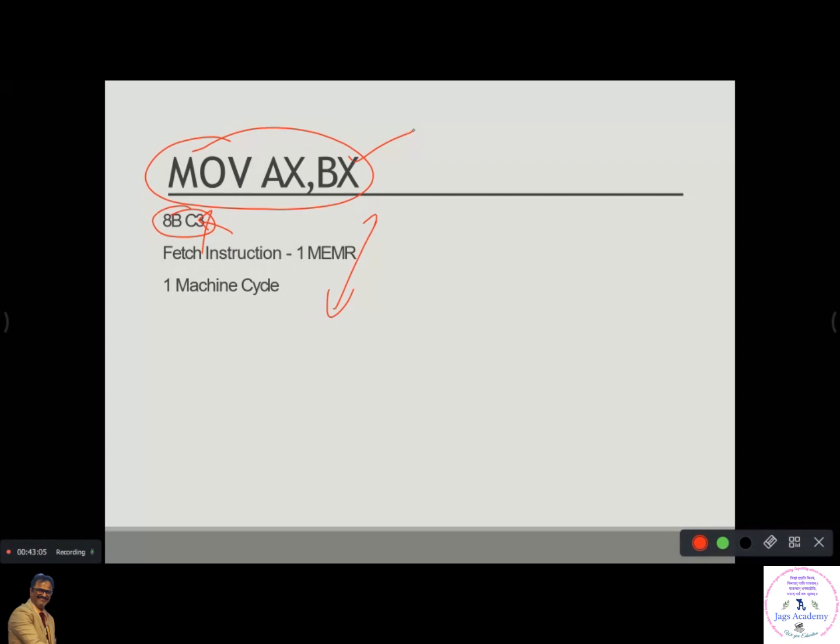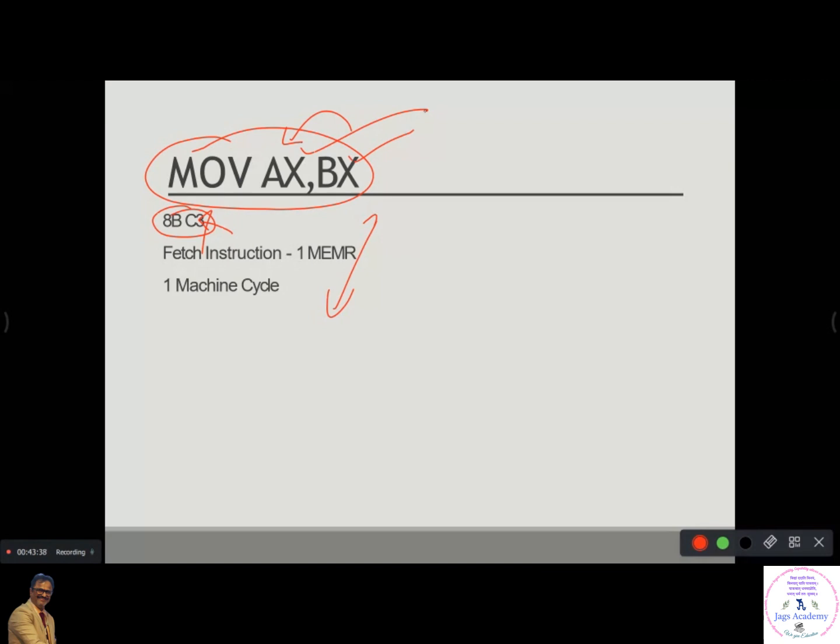Once the instruction is fetched from the memory and the microprocessor decodes it, it does everything in one machine cycle, and in that machine cycle it transfers the content of the BX register to the AX register. But it doesn't require any extra machine cycle to get data from the memory or put data into the memory. So can you tell me the number of machine cycles required to execute this instruction?